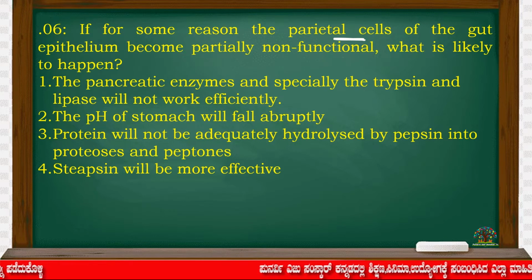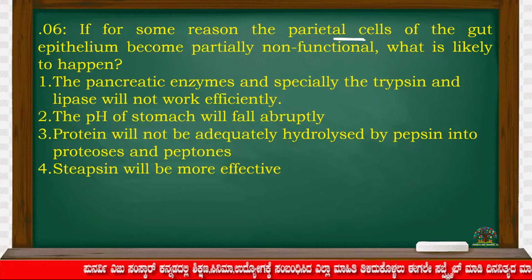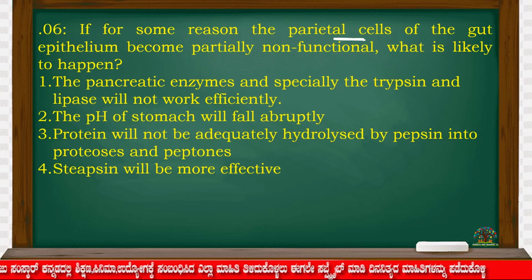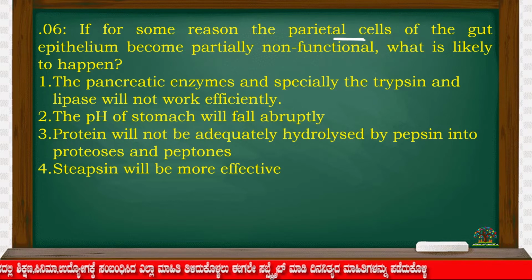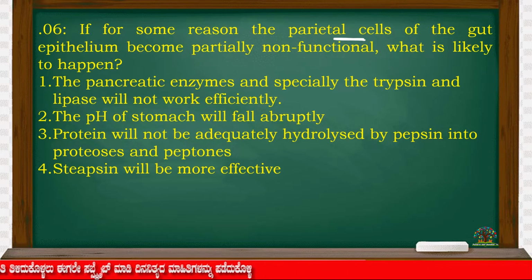The options are: the first option, the pancreatic enzymes, especially trypsin and lipase, will not work efficiently. The second option, the pH of the stomach will fall abruptly. Third one, proteins will not be adequately hydrolyzed by pepsin into proteoses and peptones. And fourth option, steapsin will be more effective.